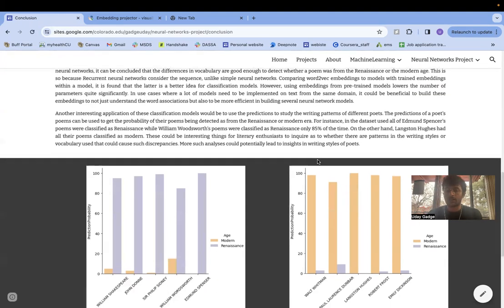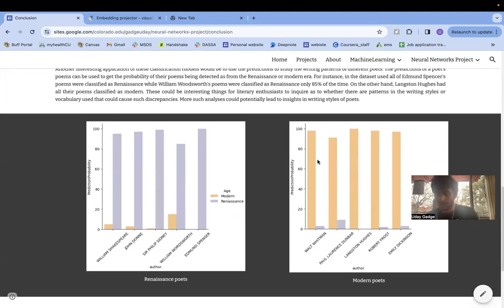For instance, we can calculate the probability of a poet's poems being classified as Renaissance or modern based on the individual class which each poem went into. And this would give us some results that can be analyzed to see if there are any significant changes in writing patterns that could lead to this. And this is something maybe somebody who's really interested in poetry can look into.